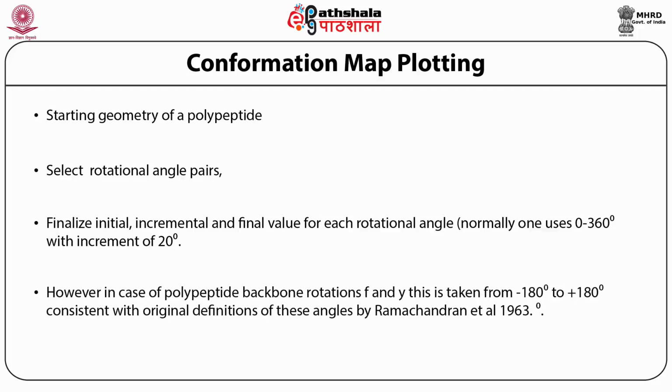However, in the case of the polypeptide backbone, rotation phi and psi is taken from minus 180 to plus 180 degrees, consistent with the original definition of these angles by Ramachandran in 1963.